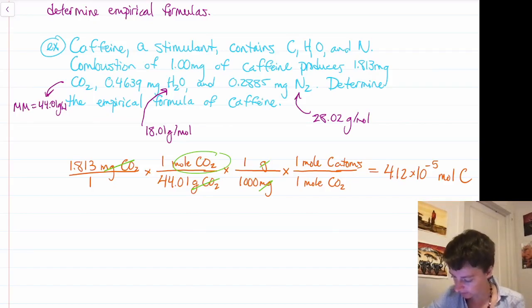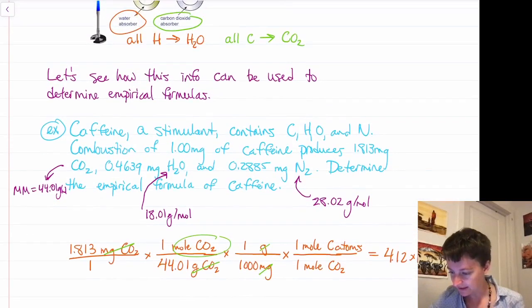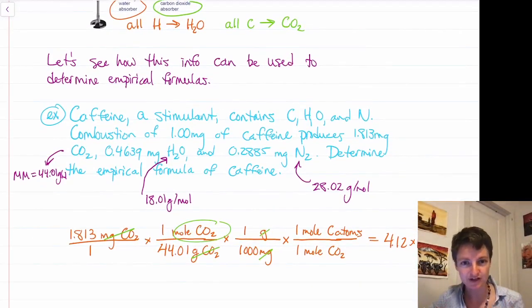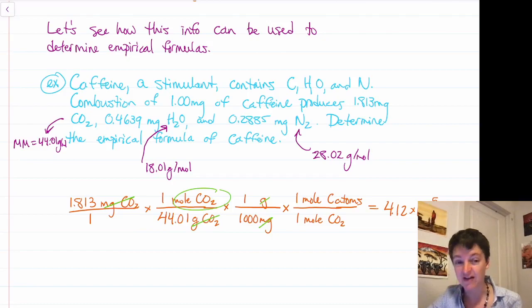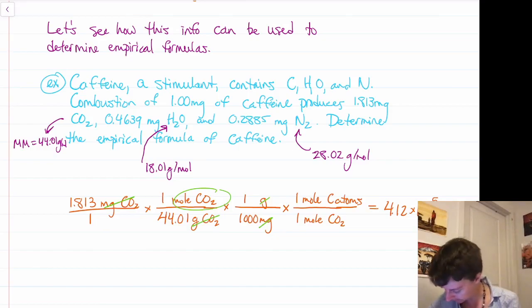We can do a similar process to figure out how much hydrogen is present by again reflecting that all of our hydrogen got stored in this water product. And so thinking about my milligrams of water, I can convert to figure out how many moles of hydrogen atoms are present.